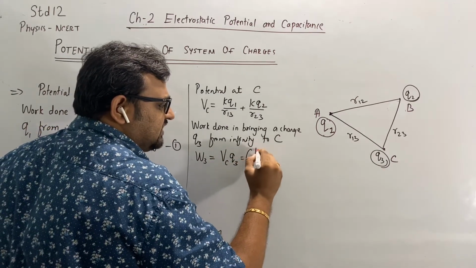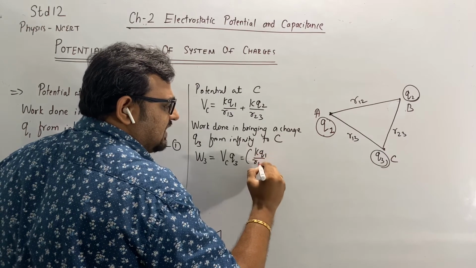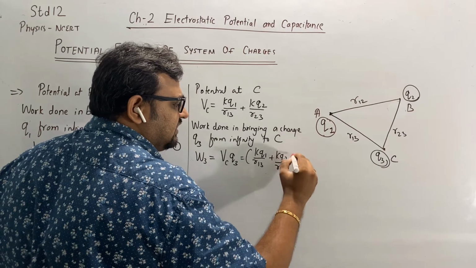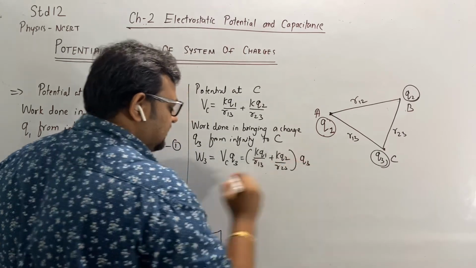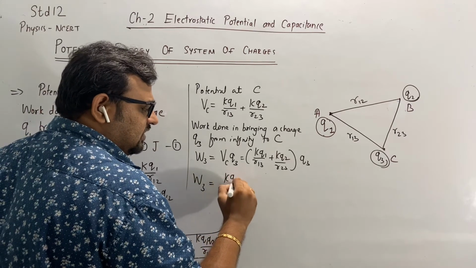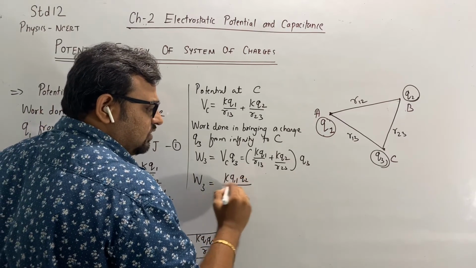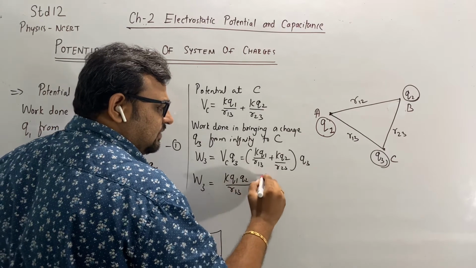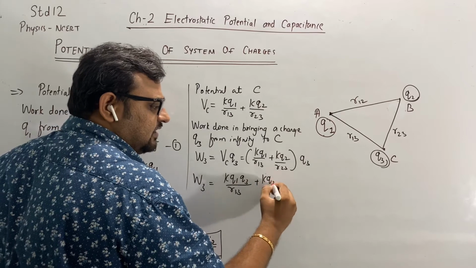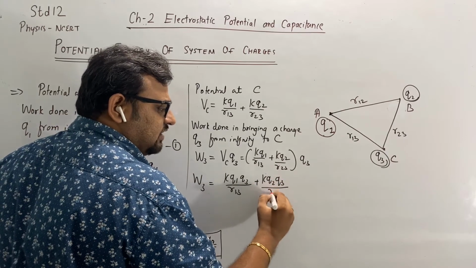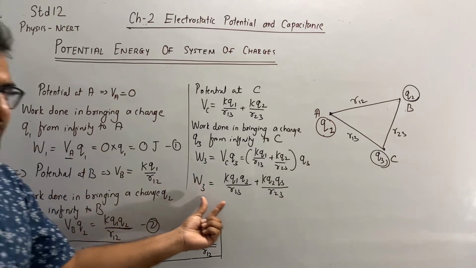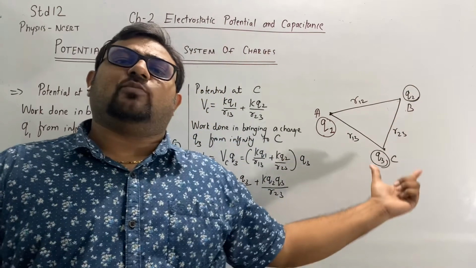So what is VC? K Q1 by R13 plus K Q2 by R23, into Q3. So W3 will be equal to K Q1 Q3 by R13, sorry, not Q2, Q3, plus K Q2 Q3 upon R23. This is the work done to bring a third charge Q3 from infinity to point C.